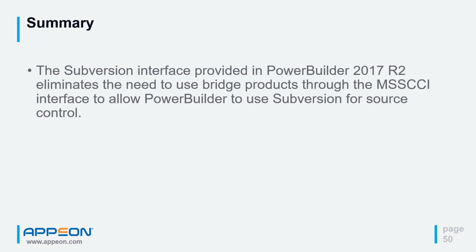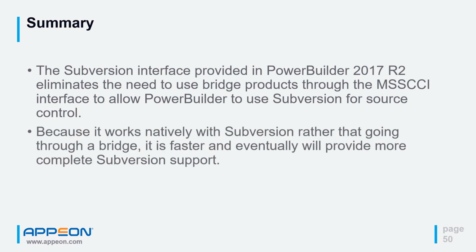Anyway, so in summary, the Subversion interface provided in PowerBuilder 2017 R2 eliminates the need to use bridge products through MSSCCI to allow PowerBuilder to use Subversion for source control. You could use Subversion before this, but you'd have to go through MSSCCI. And because you were going through a bridge product rather than using the native driver, it was slower.